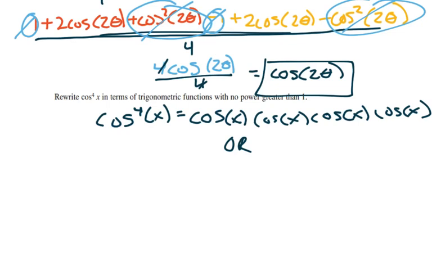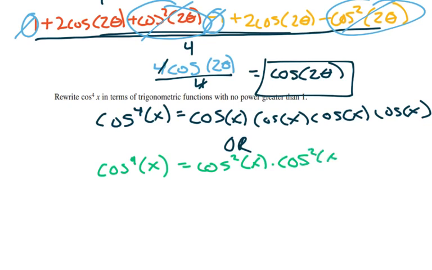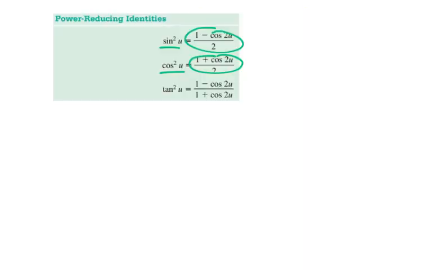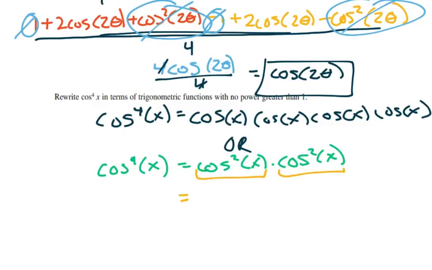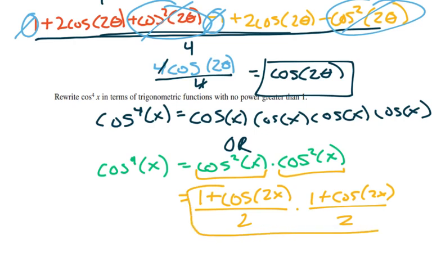But of course we could also use the double angle identities, and so that's going to mean that cosine to the 4th is actually cosine squared of x times cosine squared of x, and then due to the formula, cosine squared of x can actually be rewritten here as 1 plus cosine of 2 of that variable over 2. So 1 plus cosine of 2x over 2 times 1 plus cosine of 2x over 2. And of course you can simplify that, etc., but that's the idea.